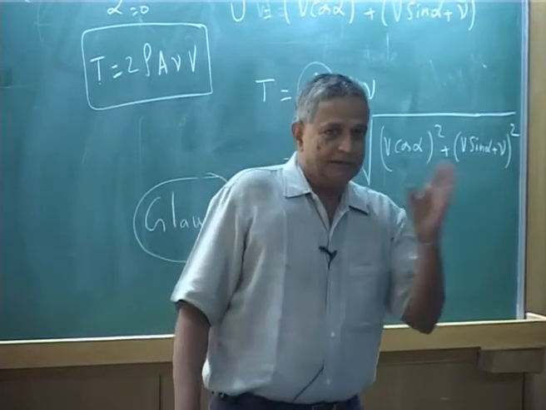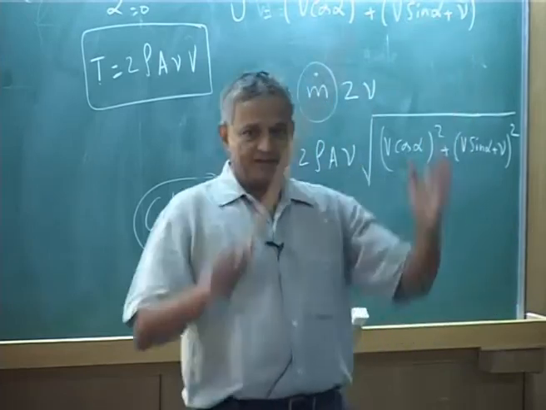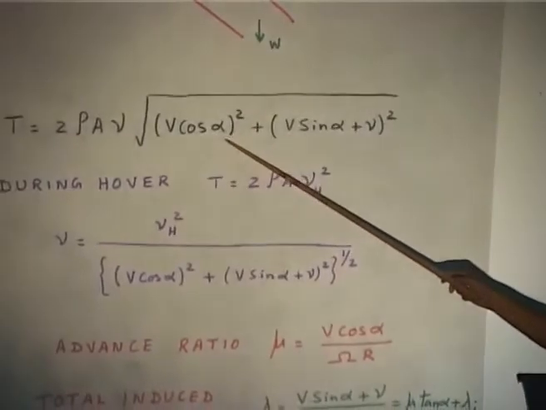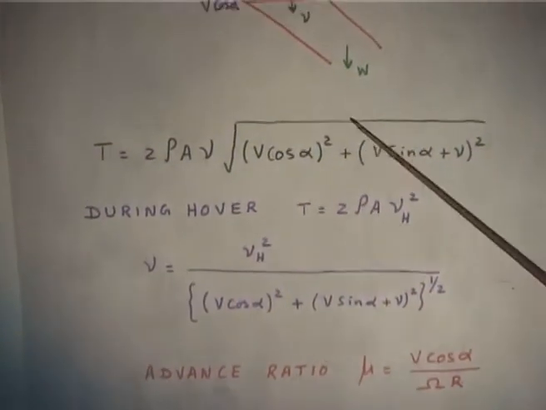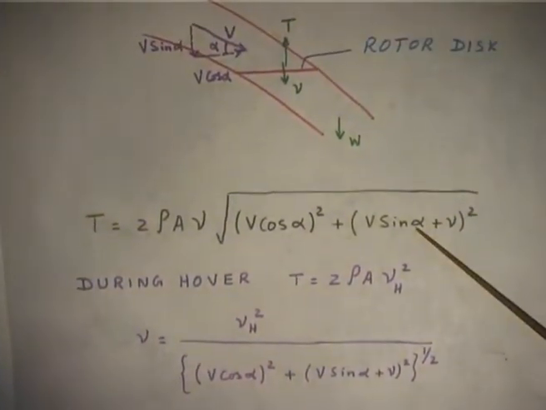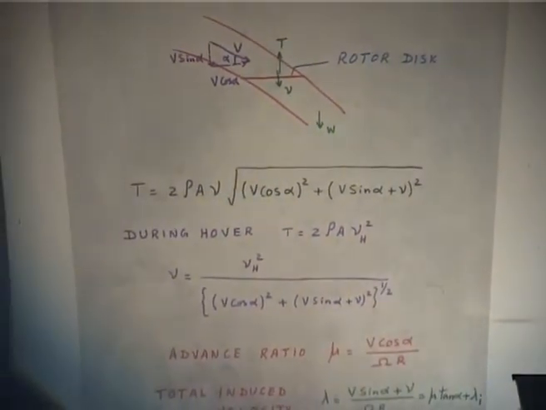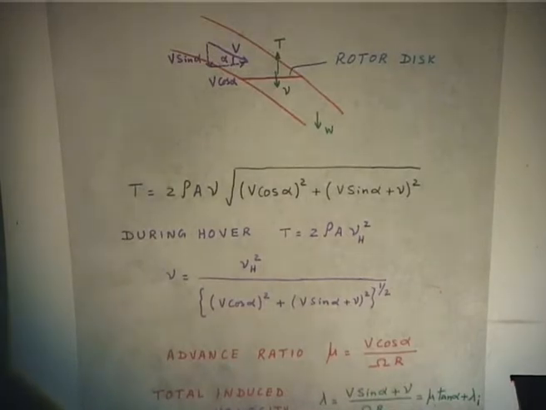Now, in the straight vertical flight, yes, it matches. When alpha is 90, this term goes, this is V plus nu, you put it here, that is nothing but what you got for hover. So, the two extremes, in hover it matches, in high speed forward flight, how does it match?